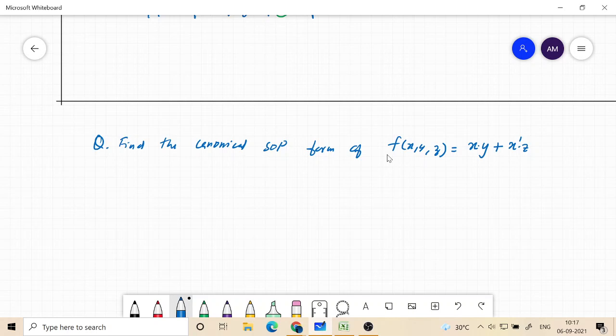This is definitely not in canonical SOP form, but it is in a standard SOP form.